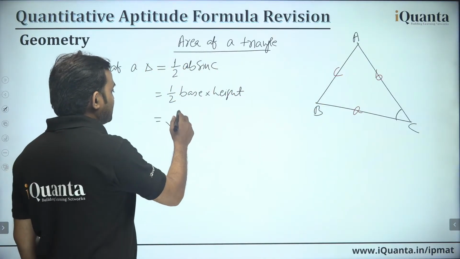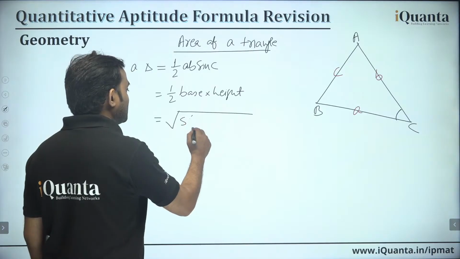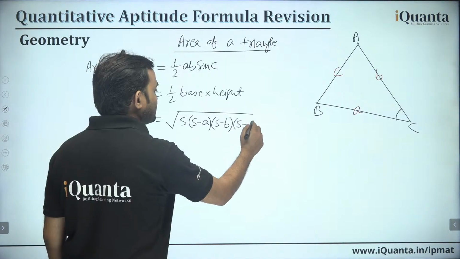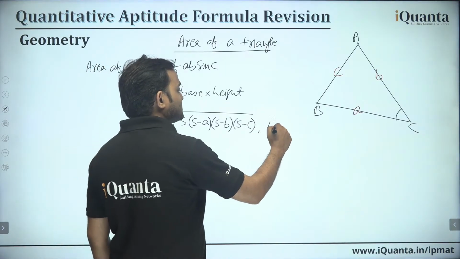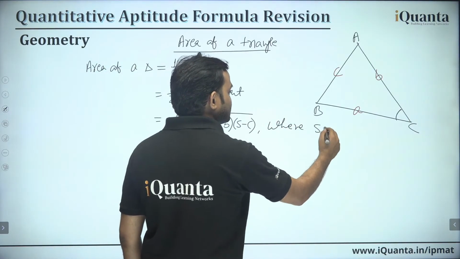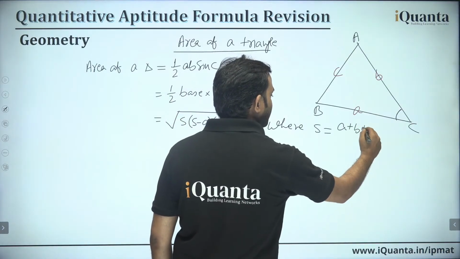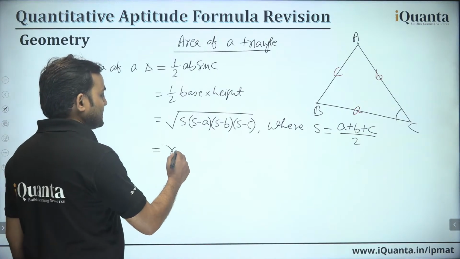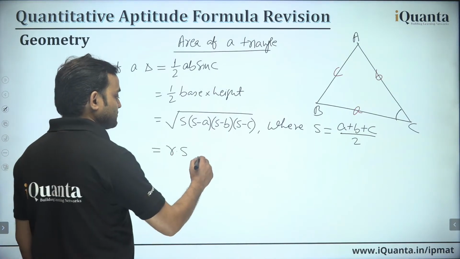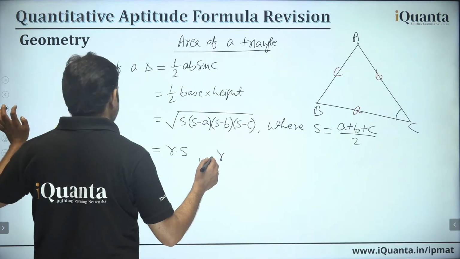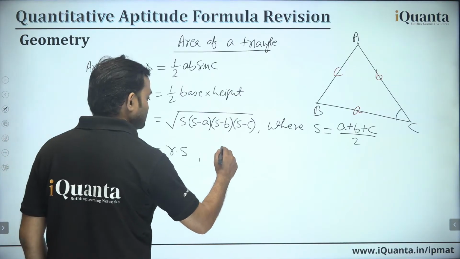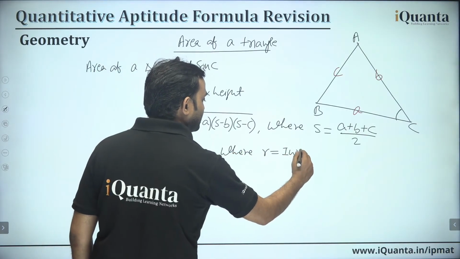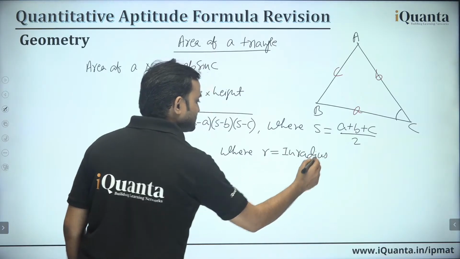Then area of the triangle can be found using Heron's formula, which is root of s into s minus a, s minus b, s minus c, where s is the semi-perimeter, where s is equal to a plus b plus c upon 2. Then we can also find the area of a triangle as r into s, where r is equal to inradius, है ना?